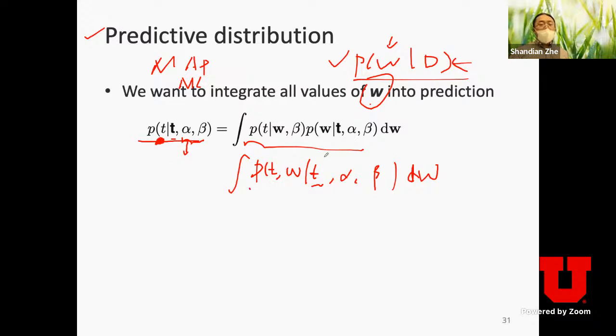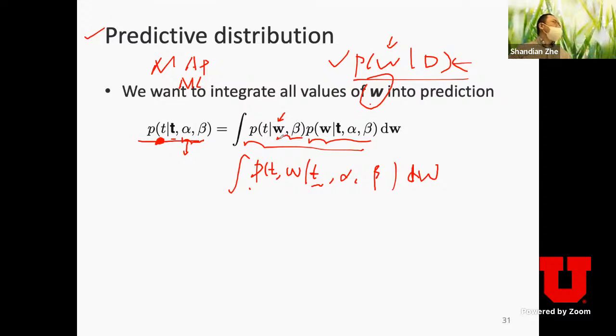This joint posterior can be further decomposed as the posterior distribution of W itself, and then, given W, the distribution of T, that is the prediction. Because once your W is known, your prediction is fixed, so it is independent of the observed data given W.